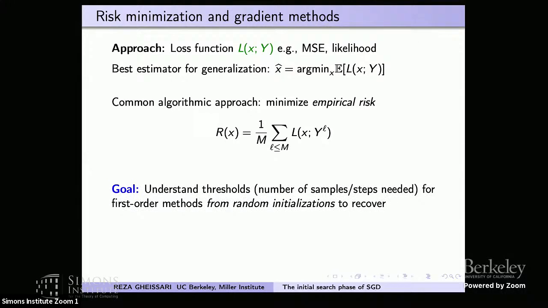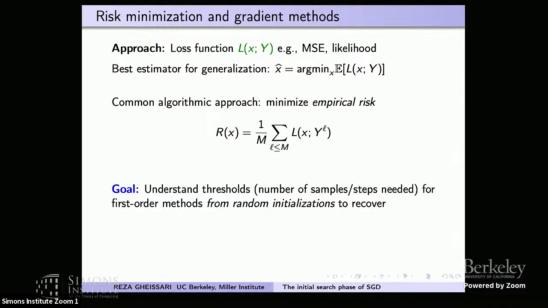So the goal for the talk, or our goal generally, is for maybe simple choices of this loss and simple problems in a way that I'll explain later, to understand the thresholds in terms of the number of samples. So the m necessary in terms of n needed for first order methods to obtain 1 minus little o of 1 correlation with the hidden vector theta naught when initialized from random initialization.